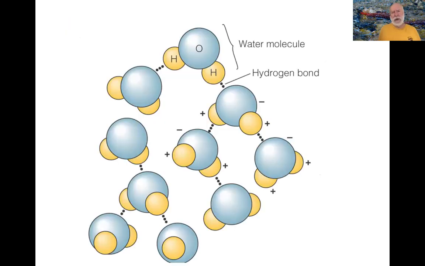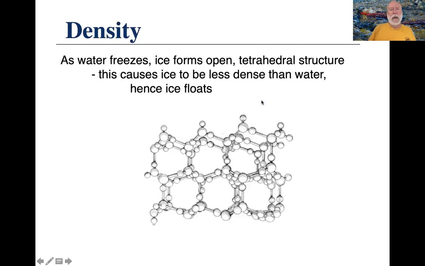Okay, so here's a representation of water. Another representation, we see oxygens and hydrogens and so on. And we also find some weak bonding between them that we refer to as hydrogen bonding, represented here. Now, of course, at room temperature, water is a liquid. But water, of course, in winter here in the Okanagan, freezes.